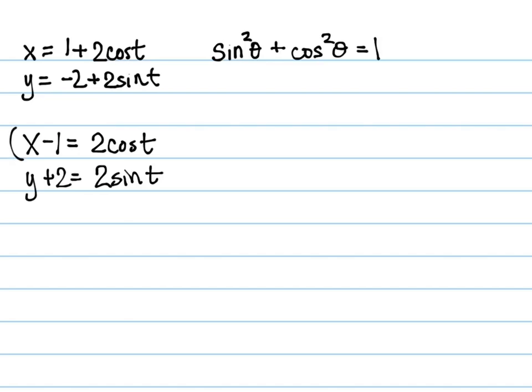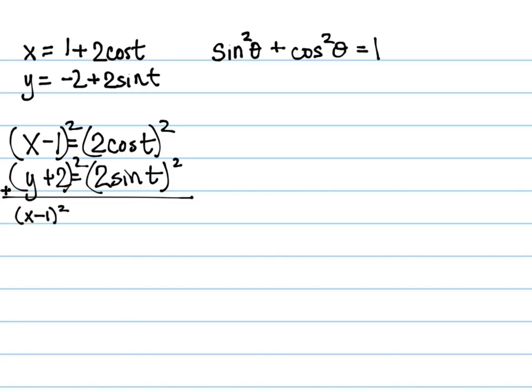So if I were to square both sides of these and add them together, old-fashioned addition like back in second grade, I could actually rewrite this as x minus 1 squared plus y plus 2 squared, which should look like a circle, right?